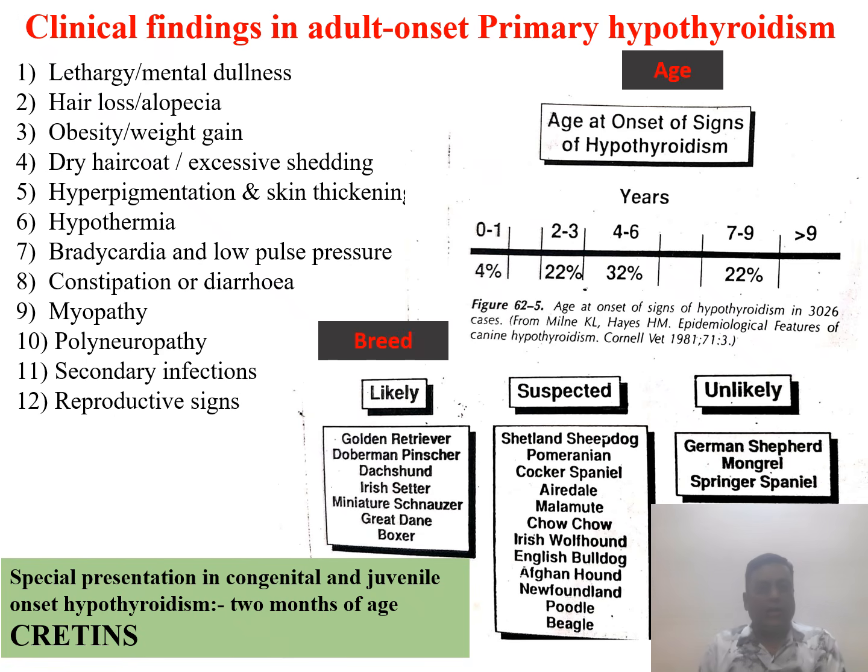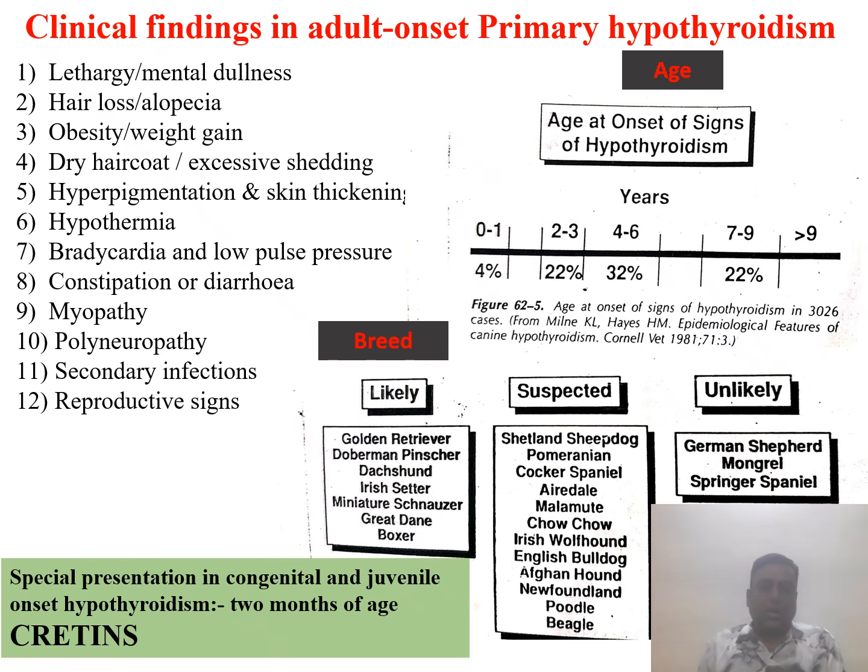We can see other clinical findings in adult-onset primary hypothyroidism: lethargy, hair loss, obesity, weight gain, dry hair coat, hyperpigmentation, hypothermia, bradycardia, constipation or diarrhea, myopathy, polyneuropathy, secondary infections, and reproductive signs.